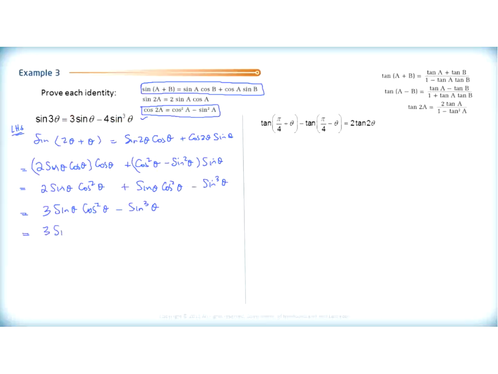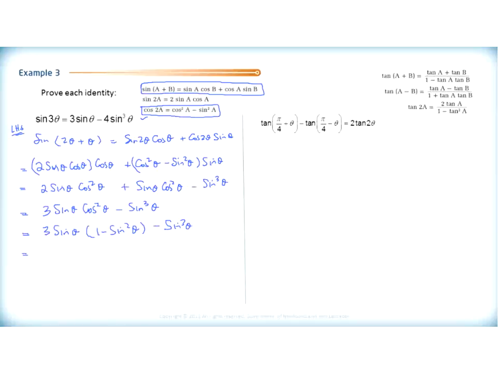Let's replace cosine squared with 1 minus sine squared. See, it's always a good idea to check what you have on the right side and see how close you are to it, and what you can do with this in order to get what you need on the right side. In this case, I recognize I don't have a cosine on the right side, so I've got to get rid of that cosine. So if I rewrite it as 1 minus sine squared, will that help me? Well, we're going to see now.